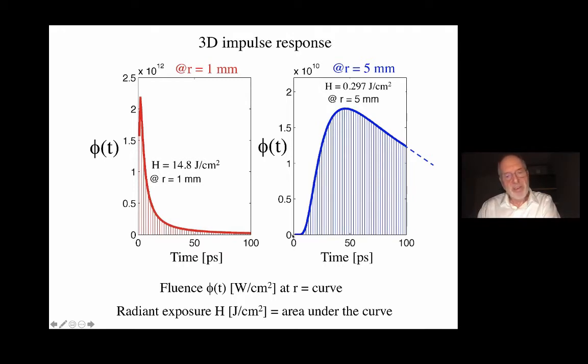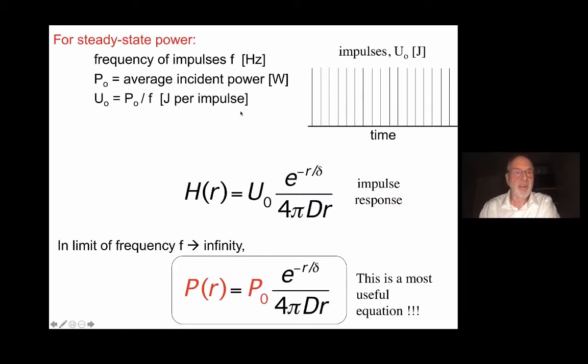The point here is that the fluence rate is the curve versus time, but the radiant exposure is the area under the curve. So if we had an impulse, this would be the response as a function of position r.